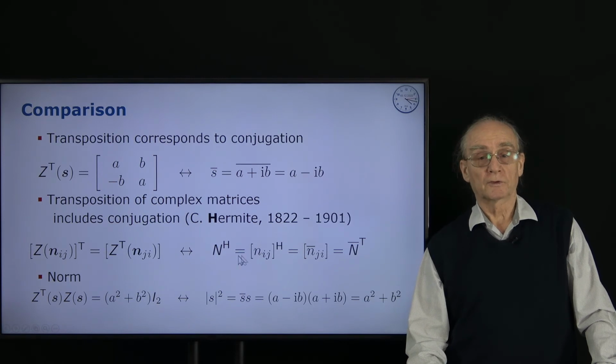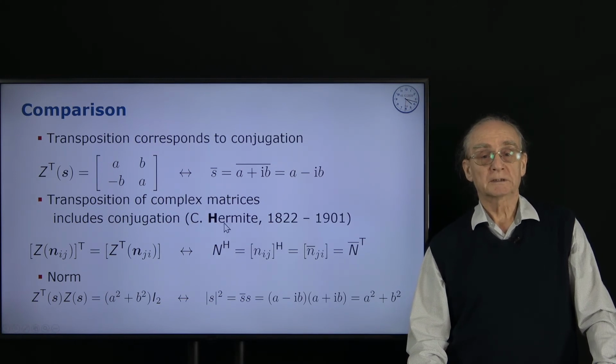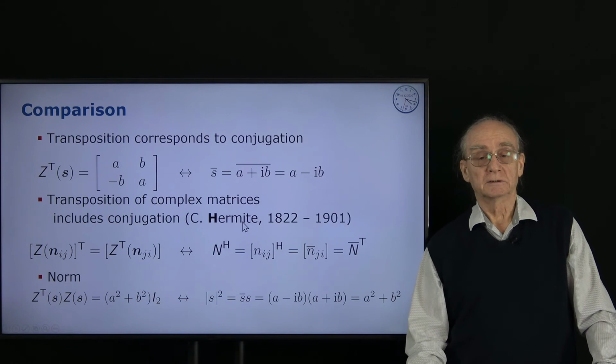Now, if you do this for the matrix with complex numbers, N, with index ij, and you transpose and do the conjugation, which is indicated here with the H, referring to Hermite, who was a mathematician in the 19th century, you actually have the same situation as here. So instead of having the transposition, we have here the conjugate transposition.